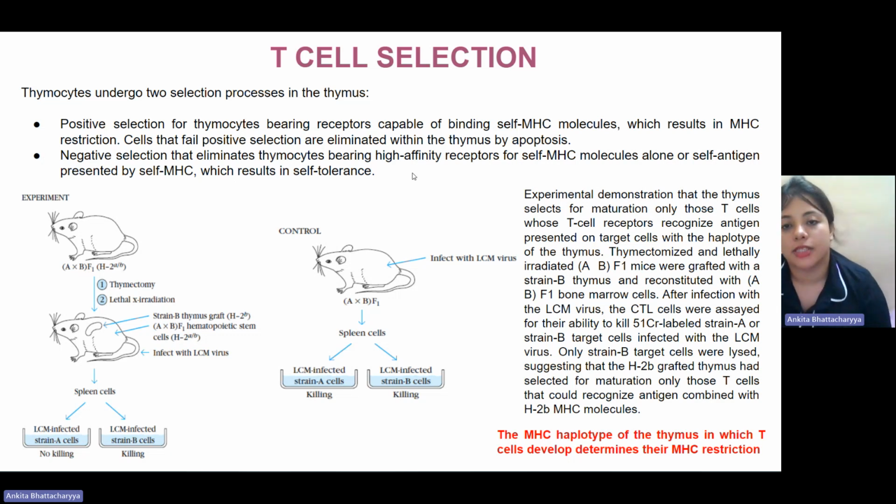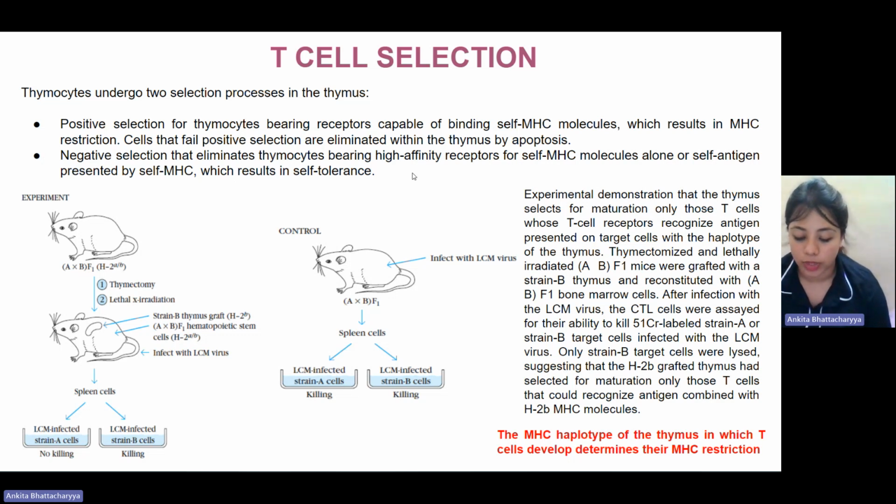Cells that fail positive selection get eliminated within the thymus by apoptosis. Negative selection, on the other hand, eliminates thymocytes that bear high affinity receptors for self-MHC molecules alone or self-antigens presented by self-MHCs, which results in self-tolerant behavior. So basically, you look at two methods via which T cell selection occurs. Under positive selection, there is a restriction for self-MHC.